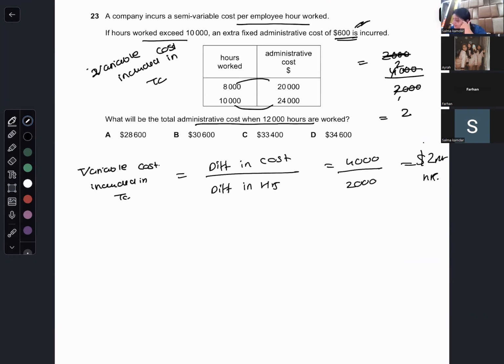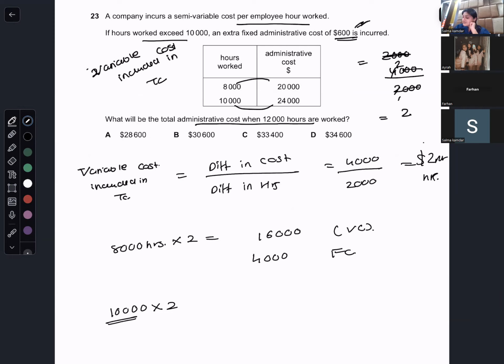Now let's find out, for 8,000 hours, 8,000 into 2 will be the variable cost. So 16,000 is the variable cost, so 4,000 will be the fixed cost. If it is for 10,000 hours, 10,000 into 2 is 20,000 variable cost, 4,000 is the fixed cost.